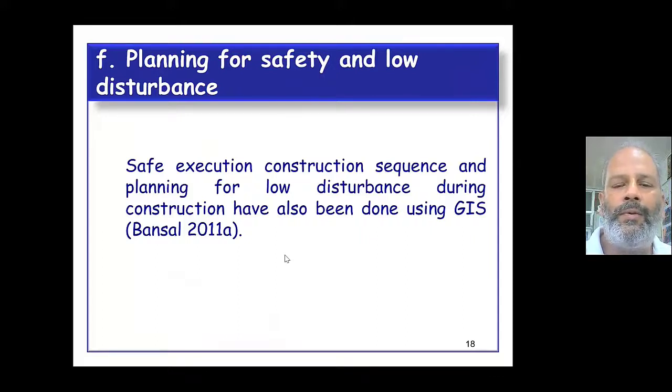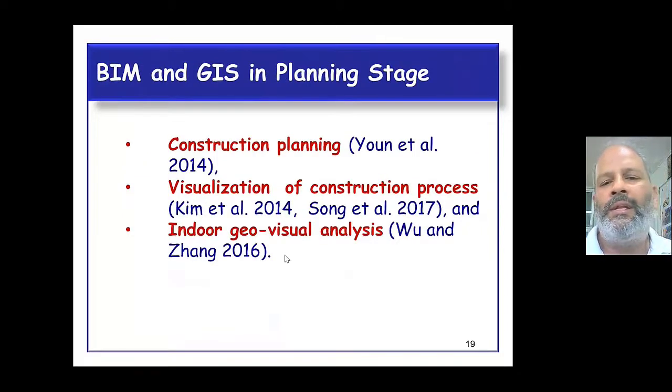The where component comes from GIS. So GIS helps in developing a safe execution construction sequence and planning for low disturbance during construction. There are a few areas in which GIS along with BIM has been used. Those are construction planning, visualization of construction process, and indoor geovisual analysis.